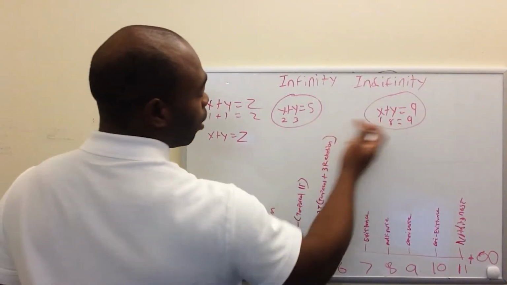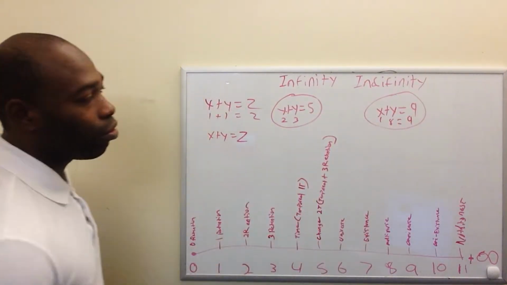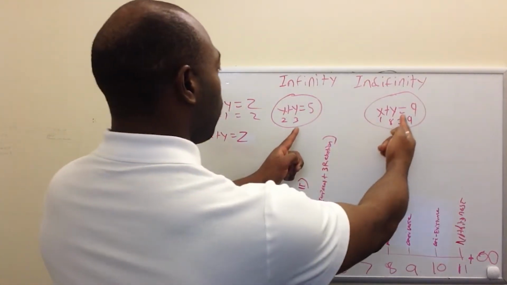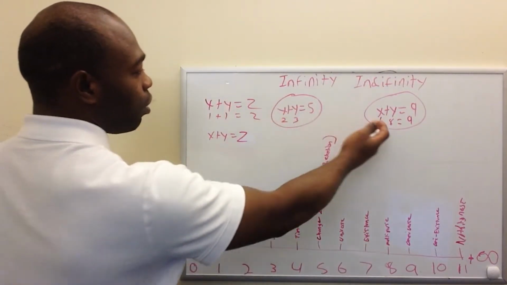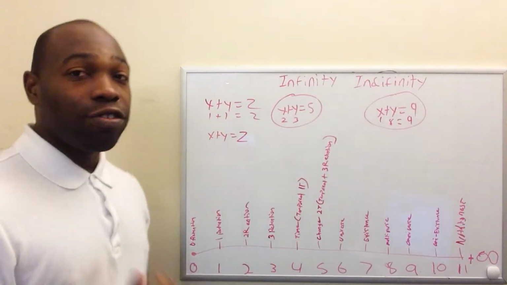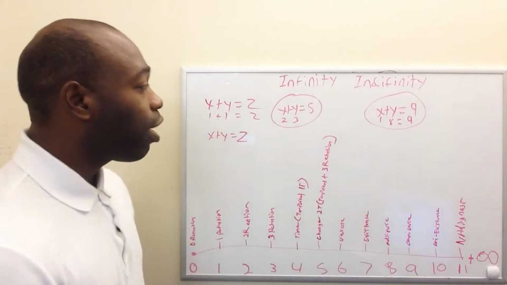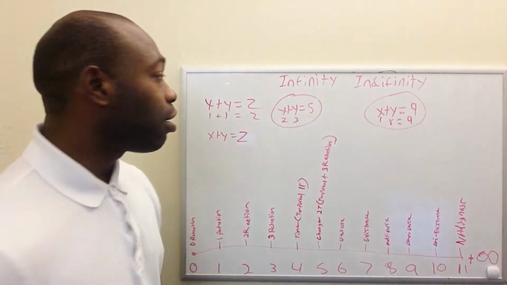This x and this x are not equal to each other, and this y and this y are not equal to each other, but they both are relative values. So x can equal both 2 and 1, and y can equal both 3 and 8. When you're trying to understand something, you have to find the values that best associate your understanding.